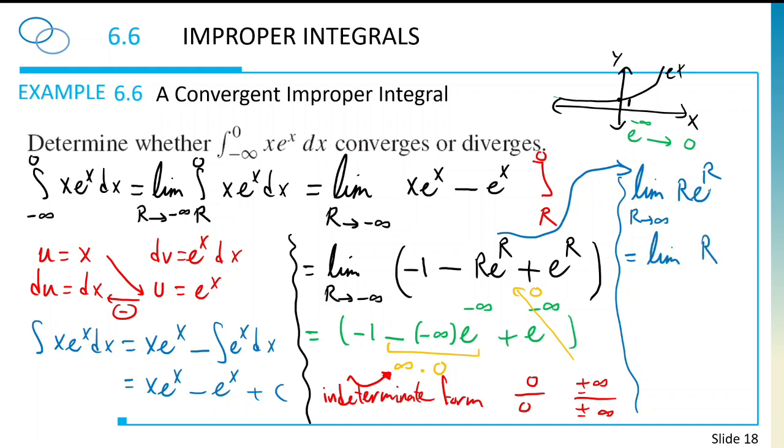If I drop the exponential down, it should be what? e, but to the power of negative r, as r approaches, sorry, this is negative infinity, okay? Negative infinity. Now you try the direct substitution again.